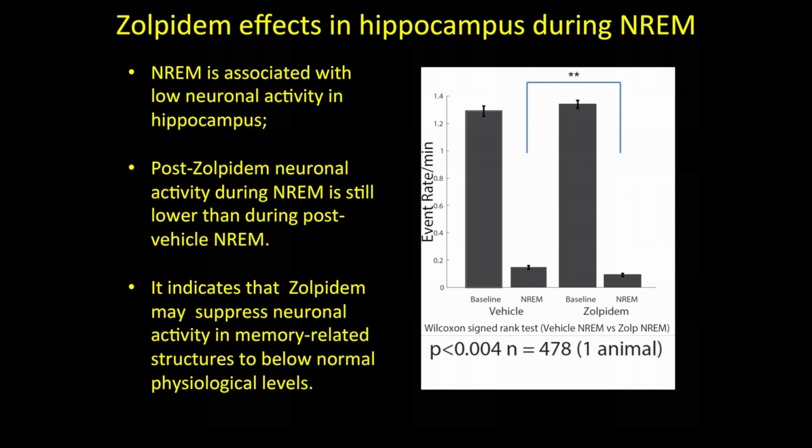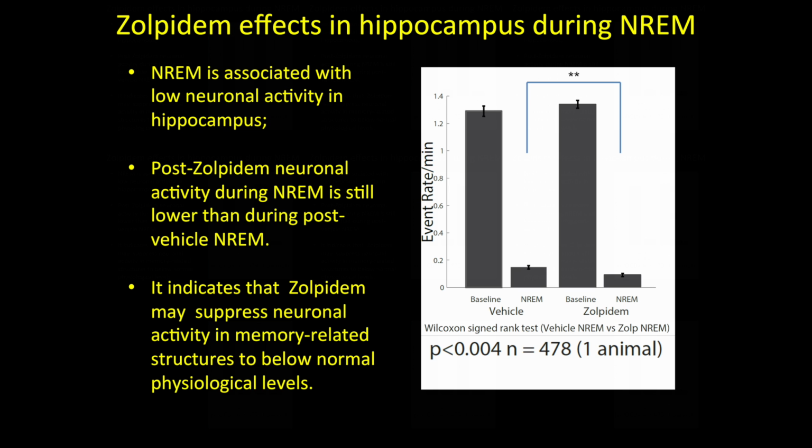However, when you look more specifically, the first and most obvious conclusion from this kind of experiment is that non-REM by itself is associated with low neuronal activity in the hippocampus. This finding is not novel. It's just the confirmation of previous findings and also validation of the technique. That finding was expected. However, we also found that during non-REM, Zolpidem seems to decrease neuronal activity to levels below those expected during physiological non-REM sleep.